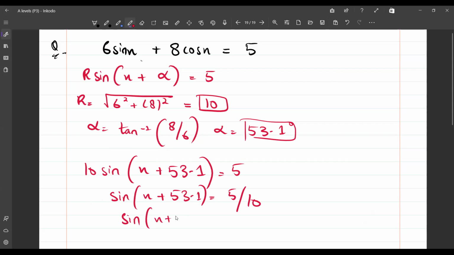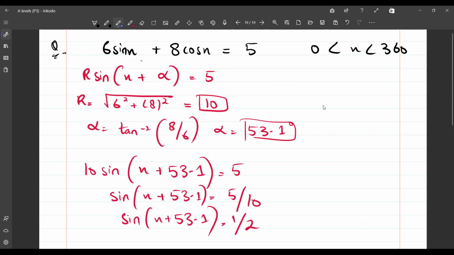Sin(x plus 53.1) is 1 upon 2. All right. So one more thing. Let's just say the range here is 0 till 360. All right. So now we are going to do the usual steps.